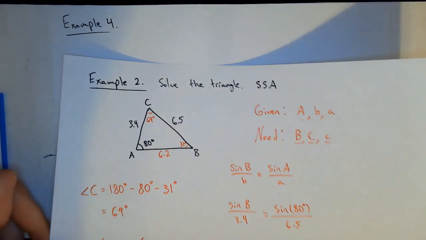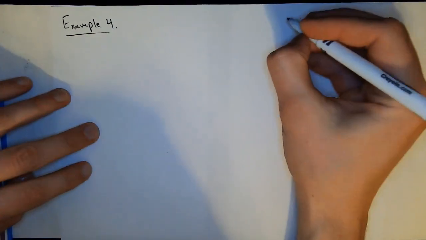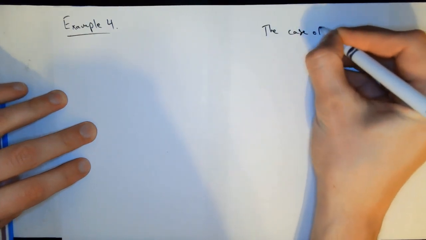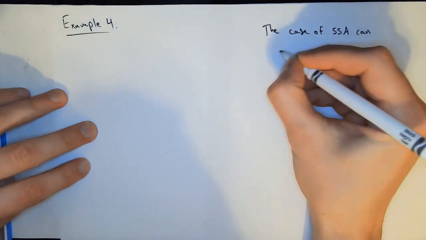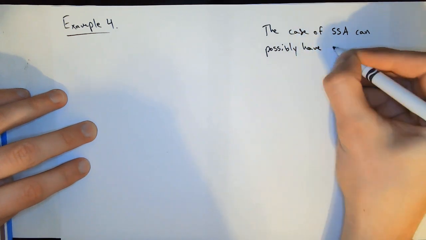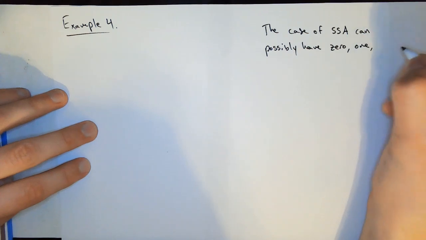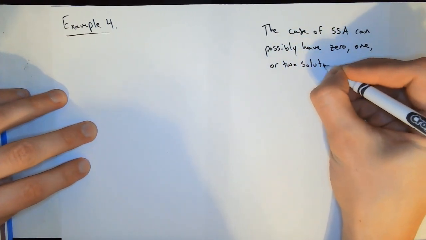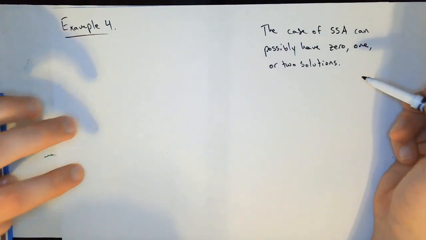This one, side-side-angle, can possibly have 0, 1, or 2 solutions. I think I said that incorrectly a second ago when I was looking around for the paper, but it's 0, 1, or 2 solutions.